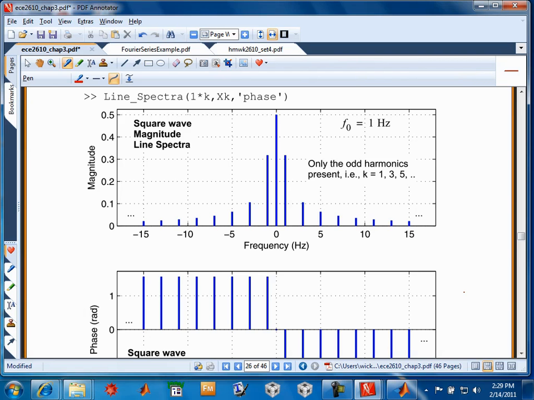Then we have the first harmonic, k equal to plus and minus 1, then the third harmonic, plus and minus 3, and then fifth, and so on. And we see that the strength of the harmonics is falling off as we go higher in frequency.